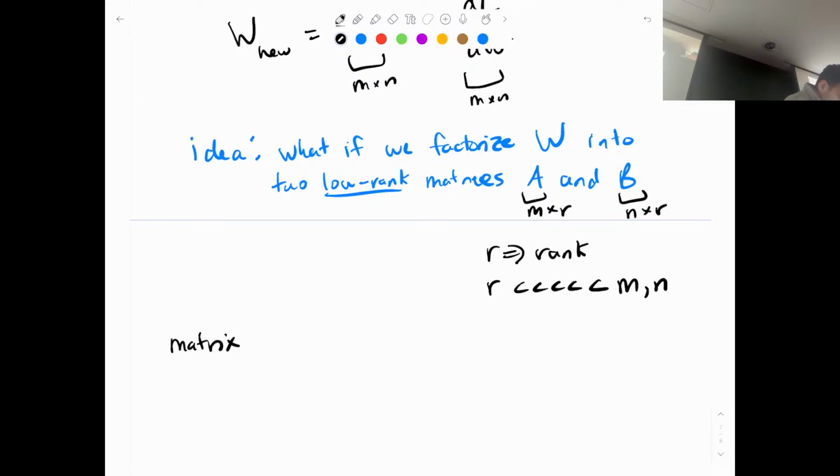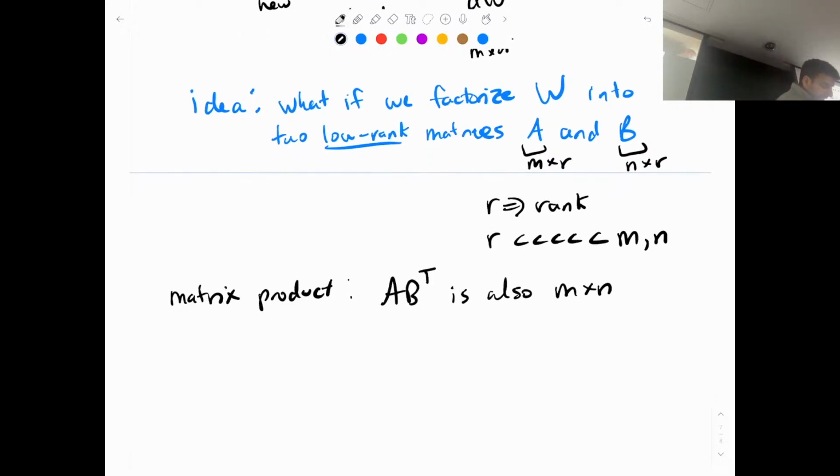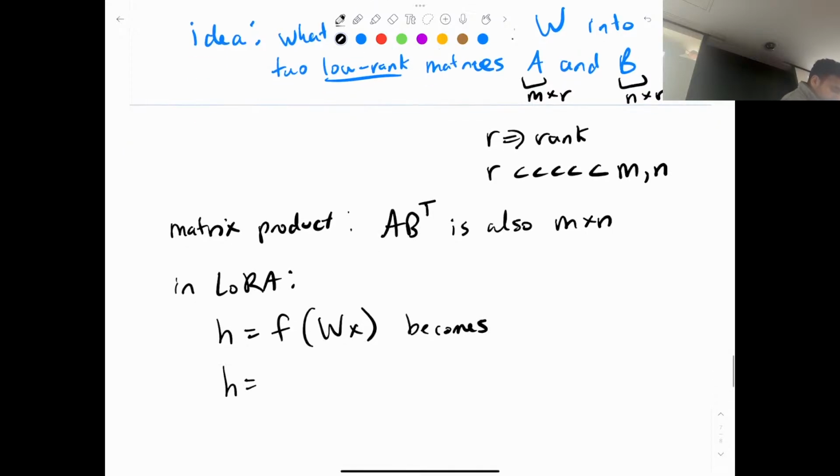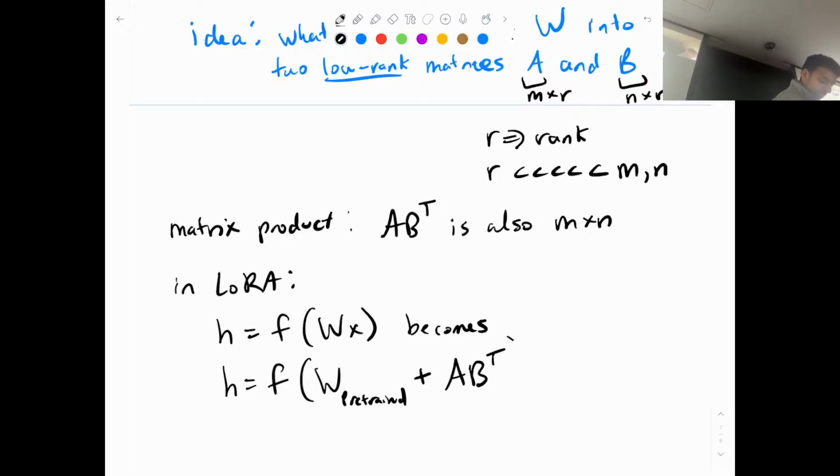Of course, the approximation here is with this matrix product. The matrix product A times B transpose is also M cross N. And so the approximation that we're making in LoRA is this linear layer, h equals f of Wx, becomes h equals f of W pre-trained, so this is the W that we have in our pre-trained model, plus this product of these two low-rank matrices, and then we have our x over here.